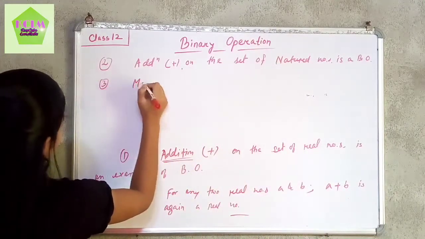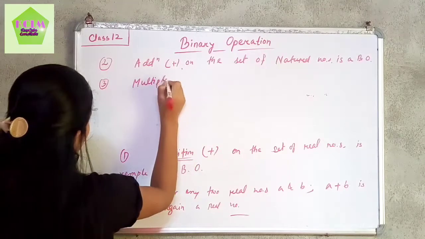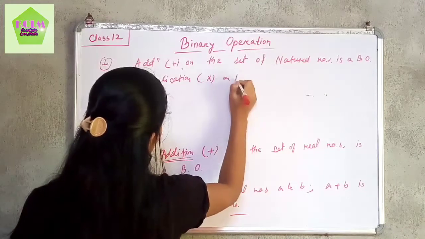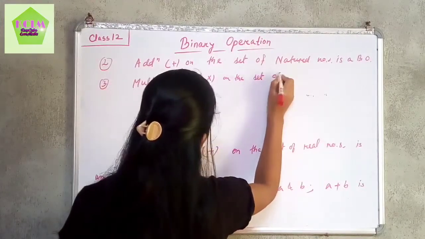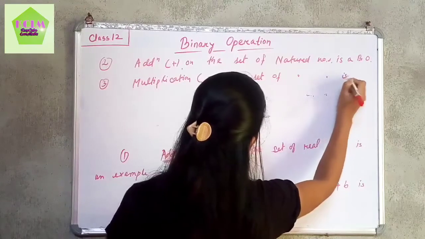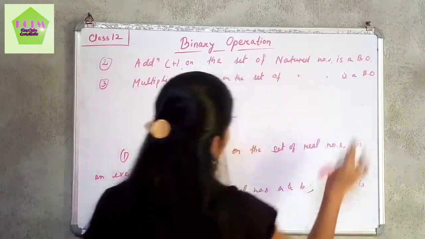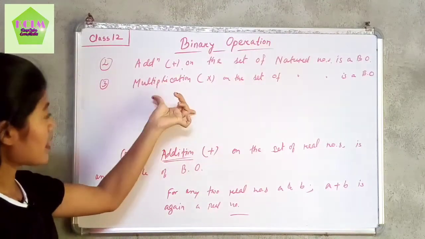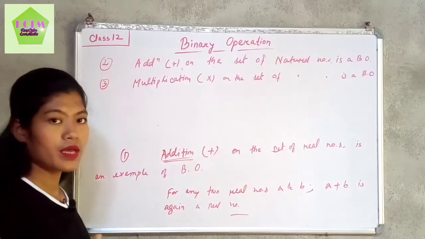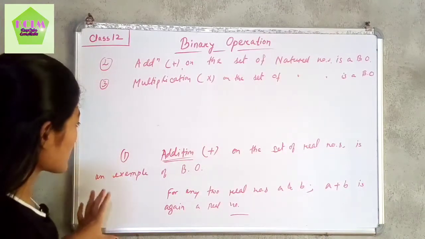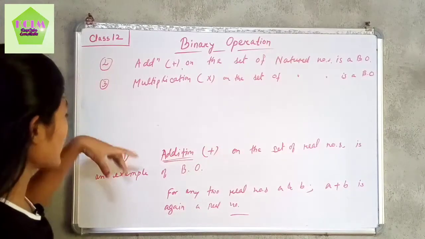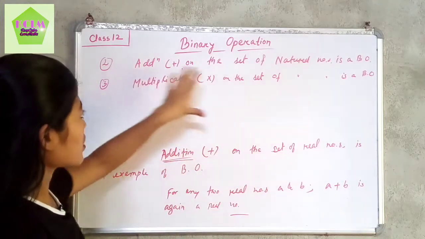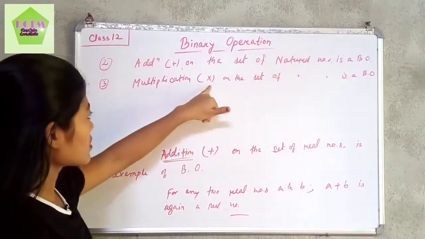Multiplication on the set of natural numbers is a binary operation. So there may be many examples of binary operations defined on different sets, right? Basically, I have given three of them. First, addition on the set of real numbers is a binary operation. Second, addition on the set of natural numbers. Third, multiplication on the set of natural numbers.